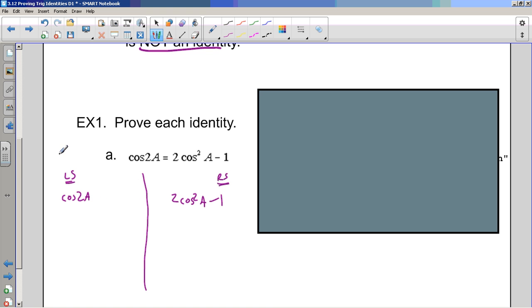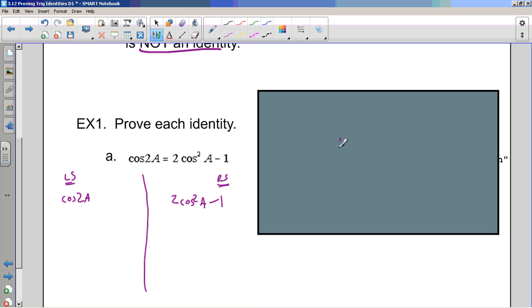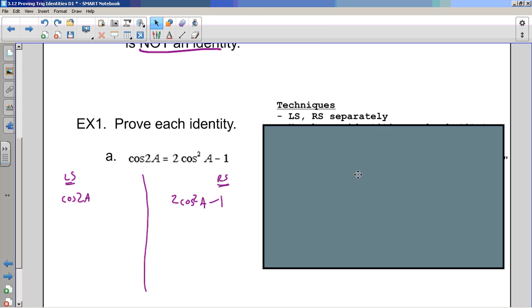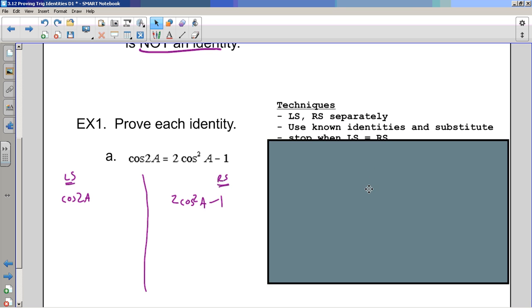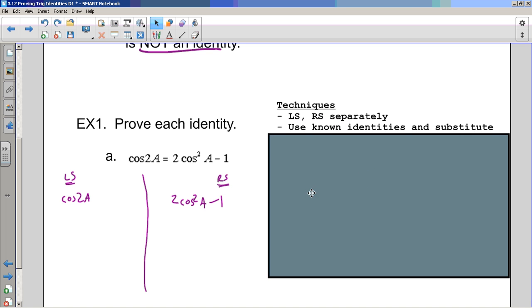And so what are some general techniques? We do the left side and the right side separately, use known identities and substitute. So one thing that we might want to do is we know a formula for cos 2a. Well, what is it? Do you remember?